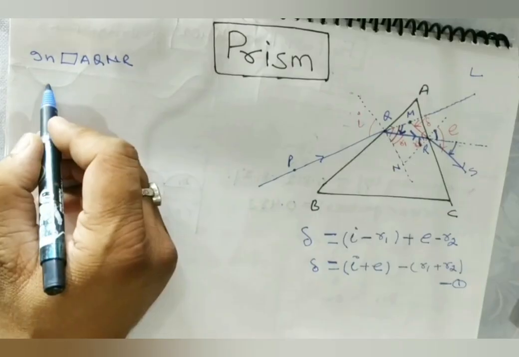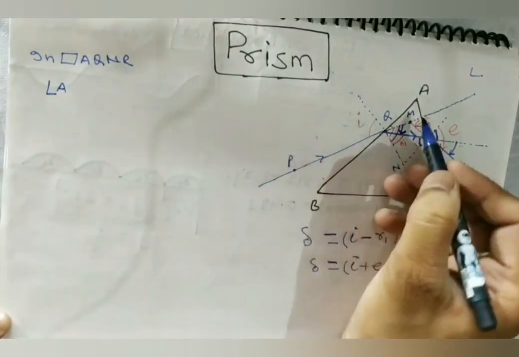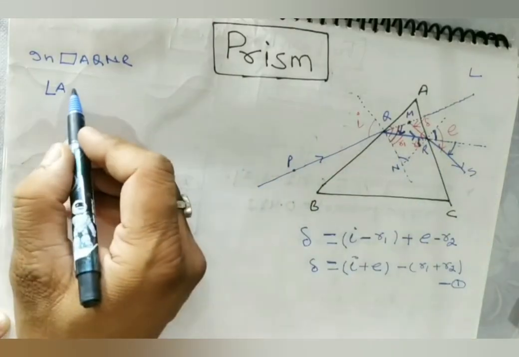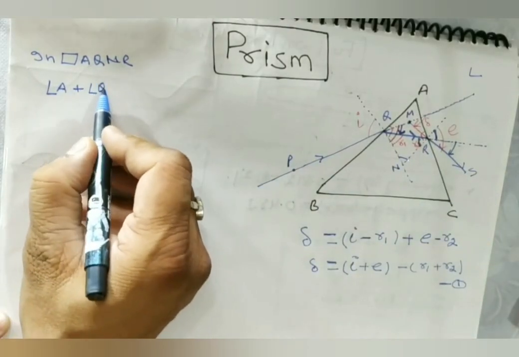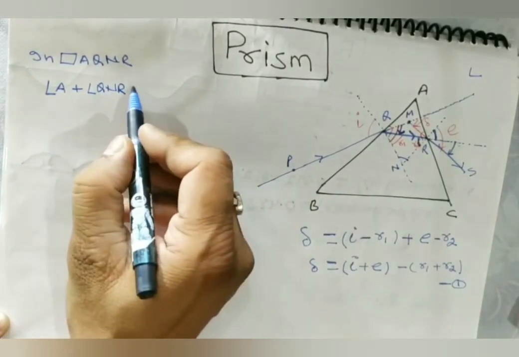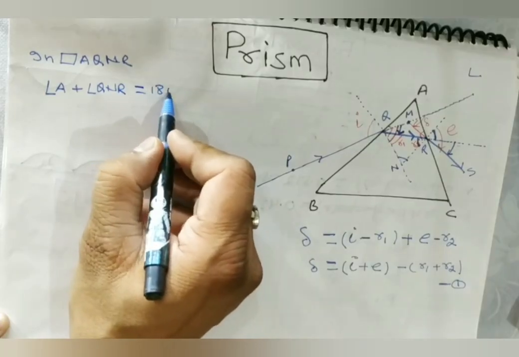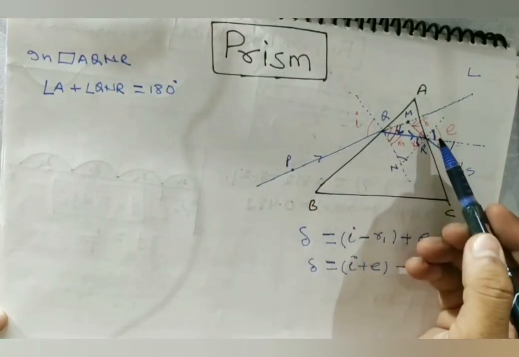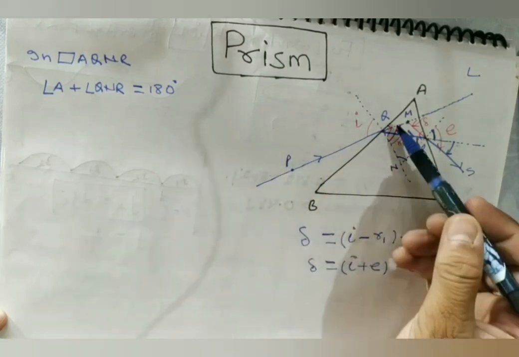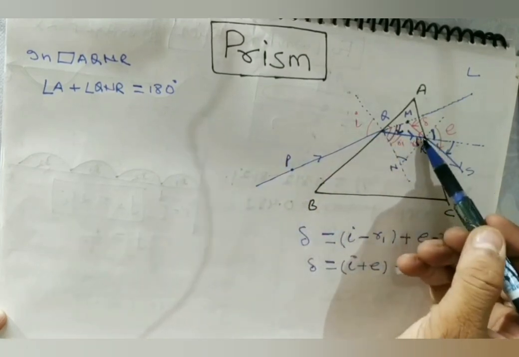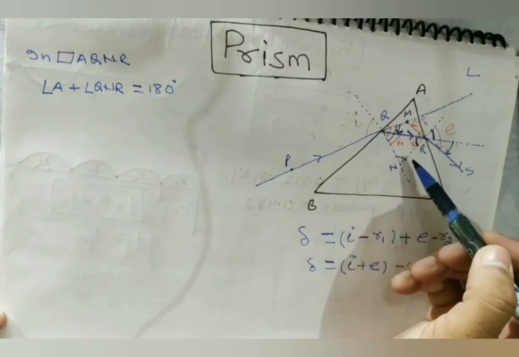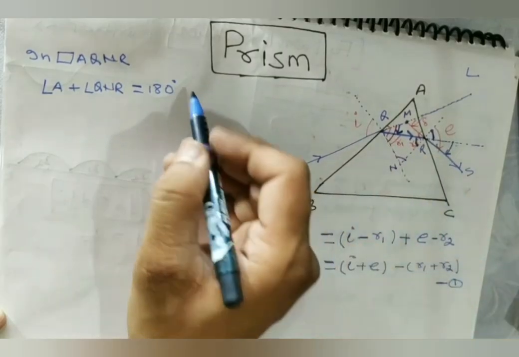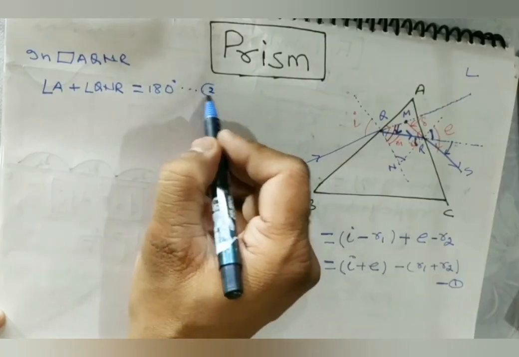So angle A and angle QR must be equal to 180 degrees, because in a quadrilateral the sum of all angles must be equal to 360, and these sum up to 180. So angle A and angle QR must be 180 degrees. Let's call this equation number 2.